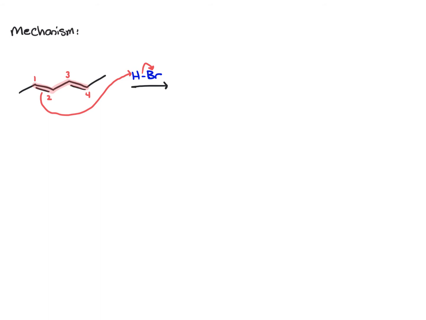So let's draw what we get. We're going to put the hydrogen on carbon 1, and that gives us a carbocation on carbon 2. So one of our first questions was, why don't we get the hydrogen on carbon 2?